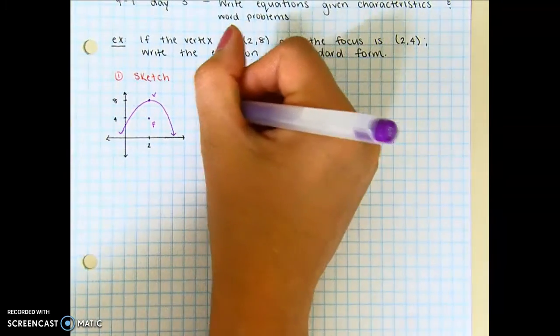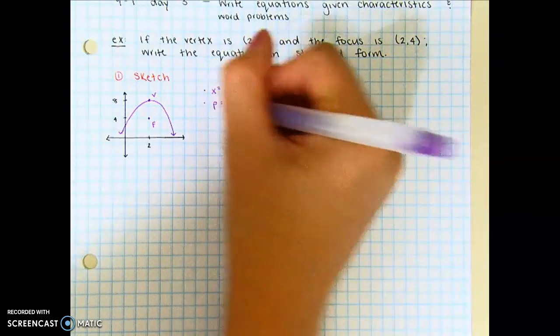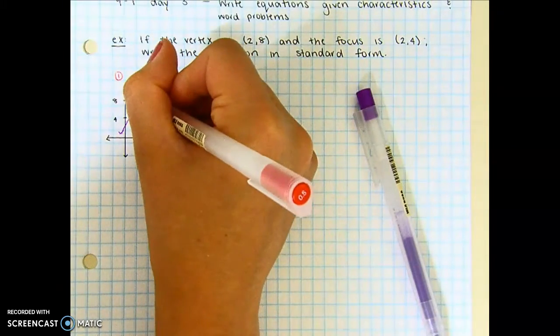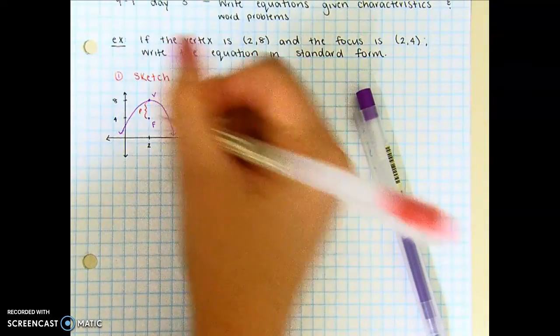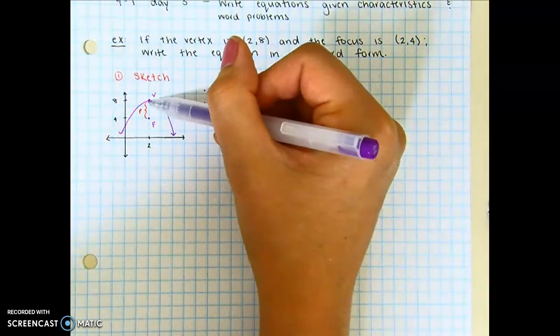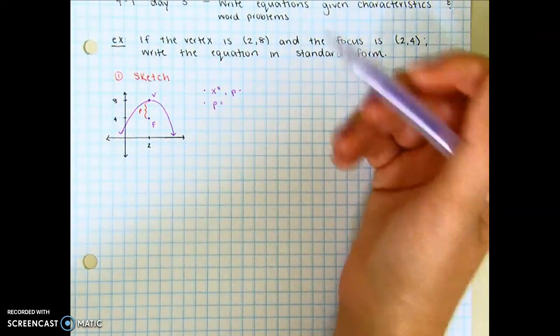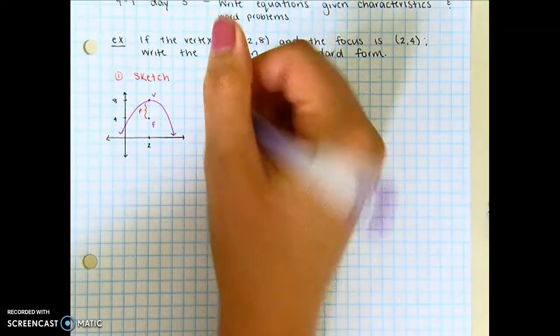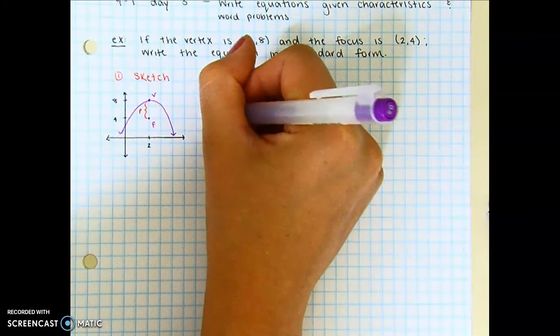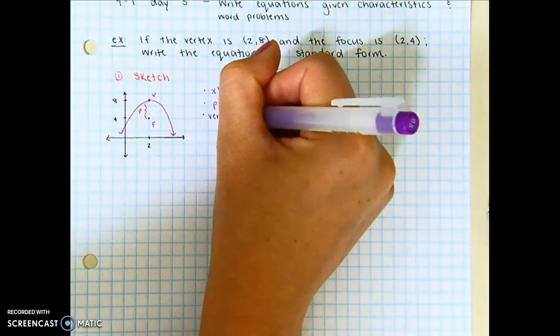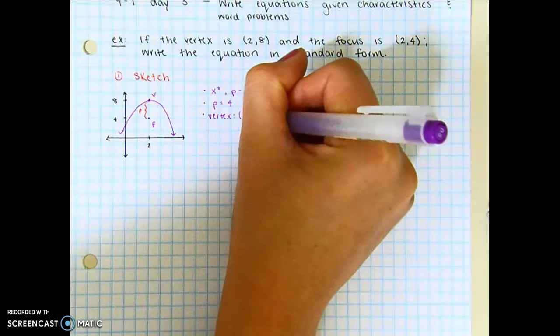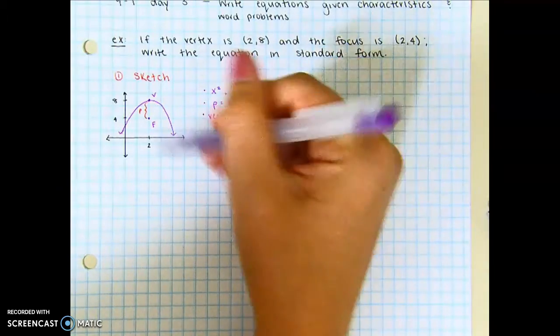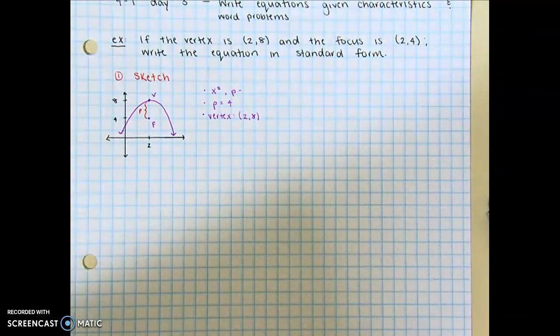I also know what p is because p is the distance, right, from our vertex to the focus. And so the distance here, 8 minus 4, this is a distance of 4. I was already given the vertex, which I'm just going to rewrite here. And that is all I need to know to determine my equation.